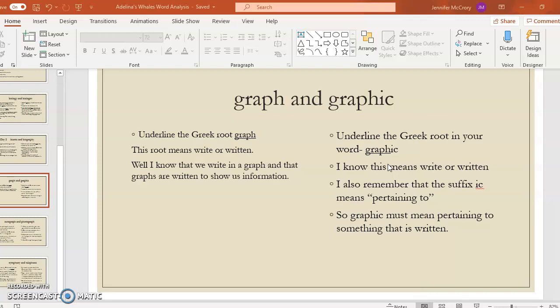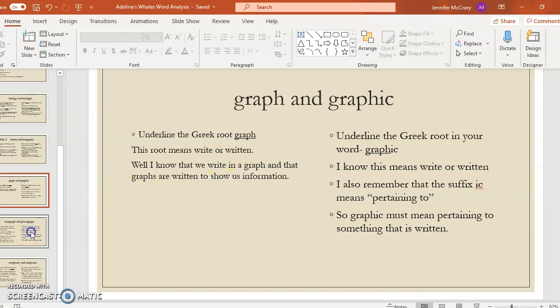And so I also know that this means to pertain to. So if I add this suffix to graph, my root, then I know that graphic must mean pertaining to something that is written. So it has to do with something that is written, the graphics to a movie or a play or a magazine.